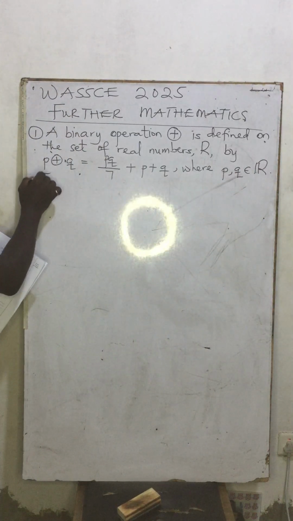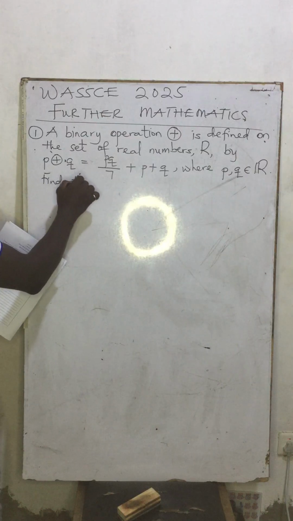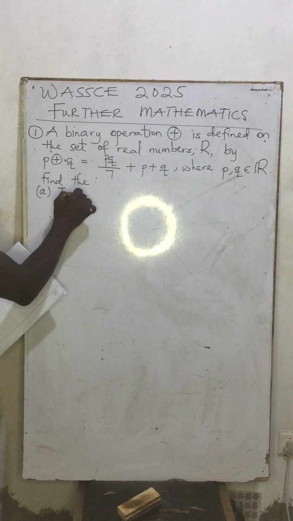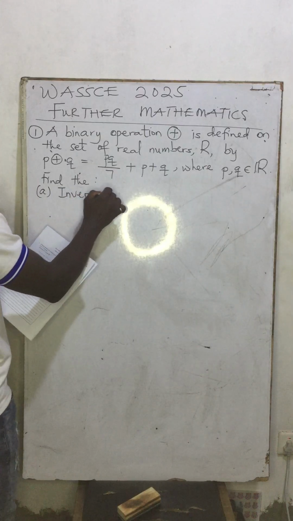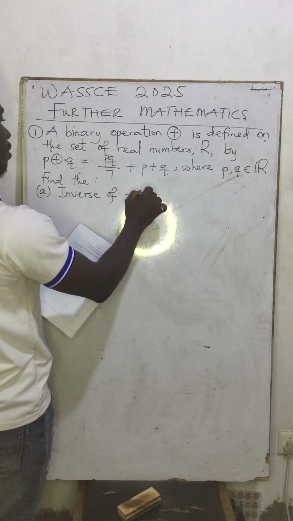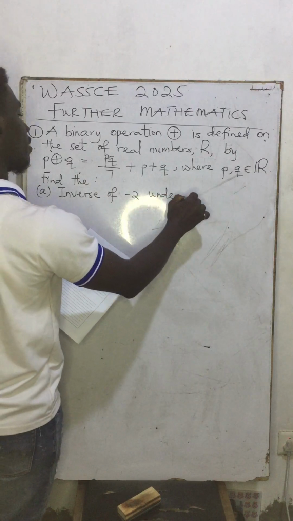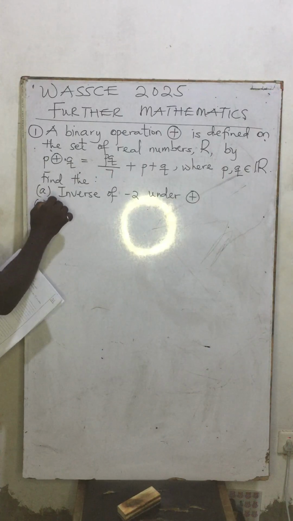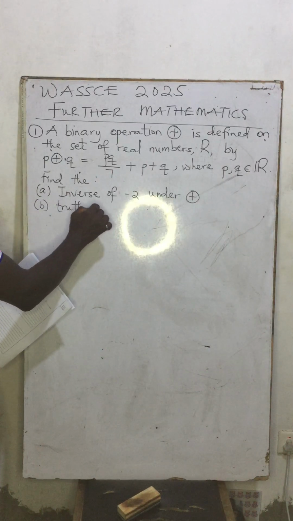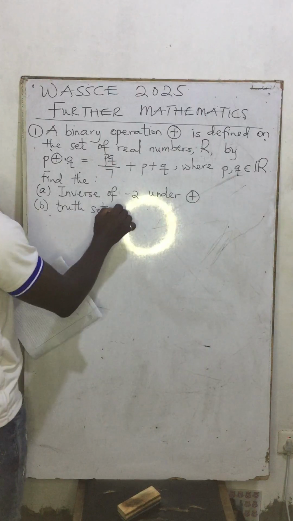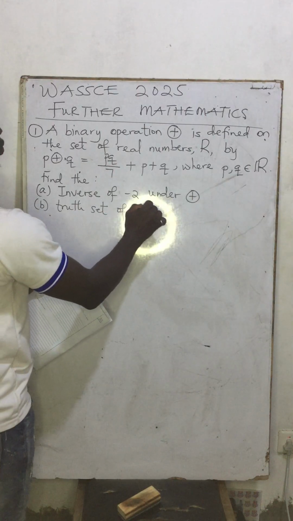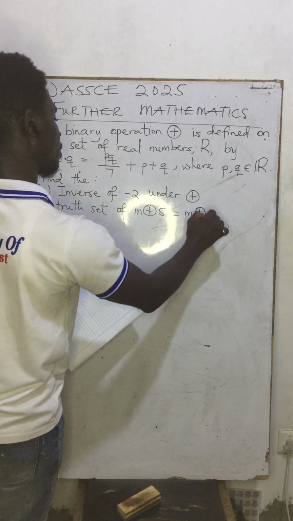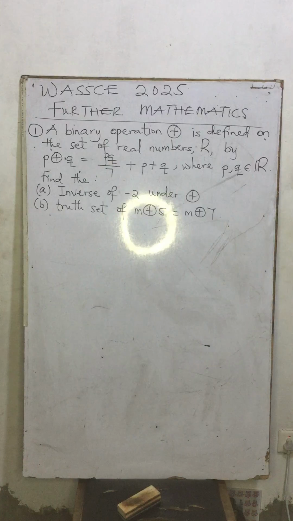Now they say we should find the inverse of -2 under the operation, then B, the truth set of M operation 5 equals M operation 7.